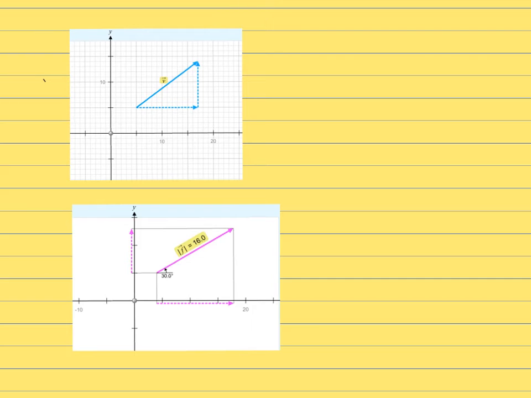One way, if you look at it here, is if I have my vector v, this would be the x component of that vector, and this would be the y component of that vector. This is a nice way to represent it in terms of the head to tail graphical method.